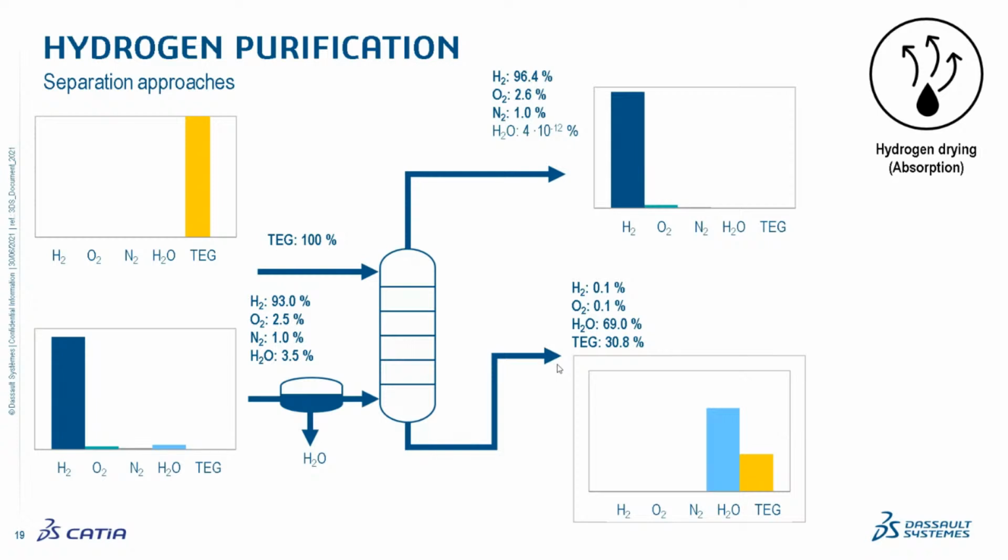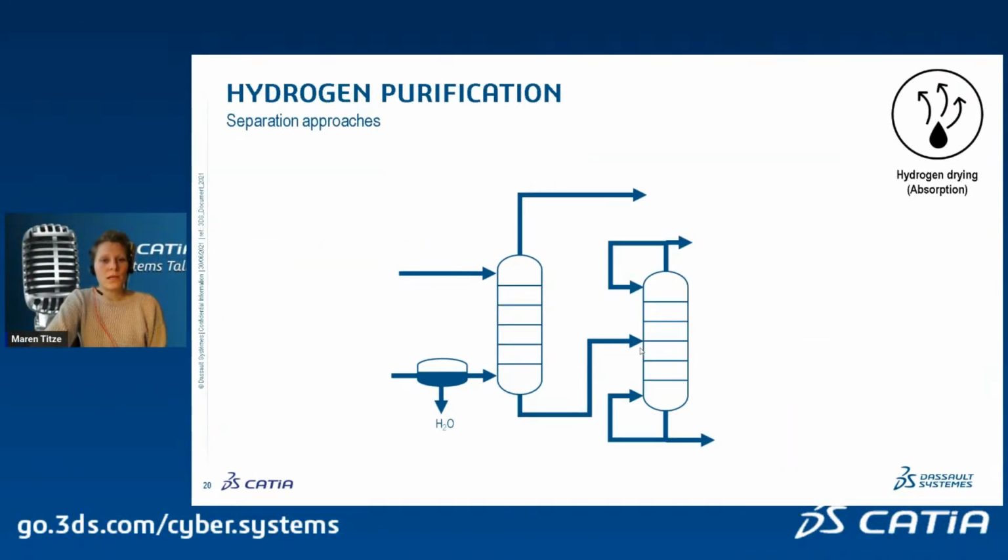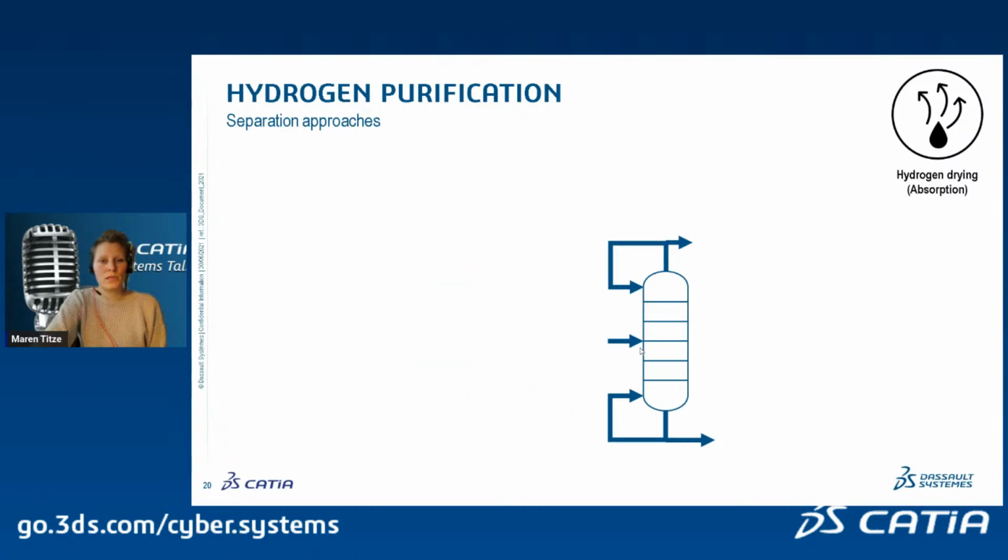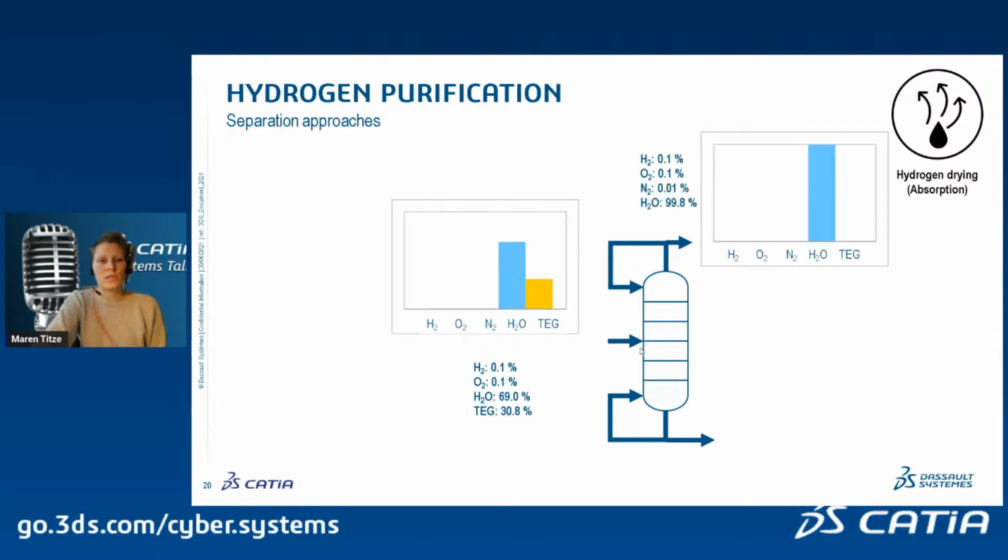We take this bottom product and put it into the next column. This is the feed. Then we have a look at the results as well. We see that the head product is mainly water, still with some impurities that went into the system. And at the bottom, we have a high amount of glycol.